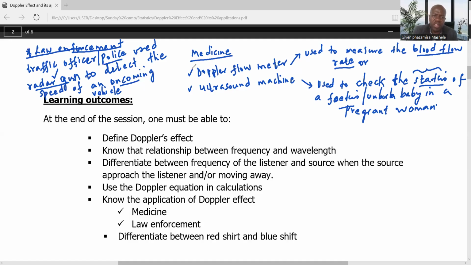So this is very, very important when you are dealing with Doppler's effect.